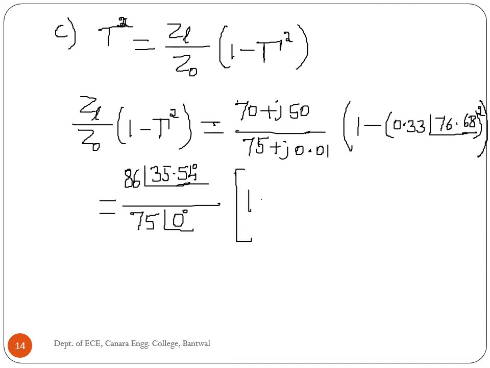Square of 0.33 angle 76.68 is equal to 0.1089 angle 153.36 degree.